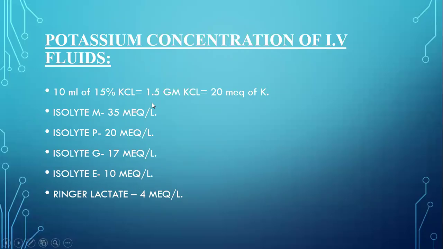So in case of potassium deficiency, we can use Isolyte M, which contains 35 milliequivalent per liter of potassium. In this way, we can use these fluids to correct the potassium deficit. Thank you.